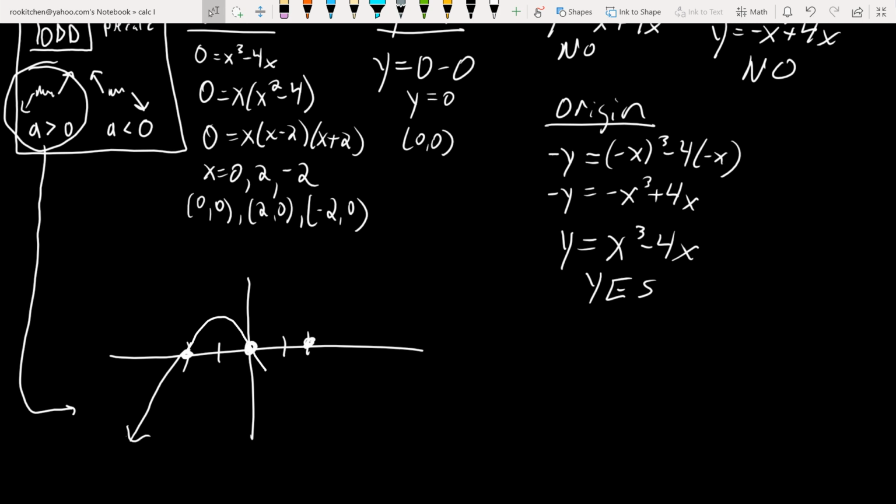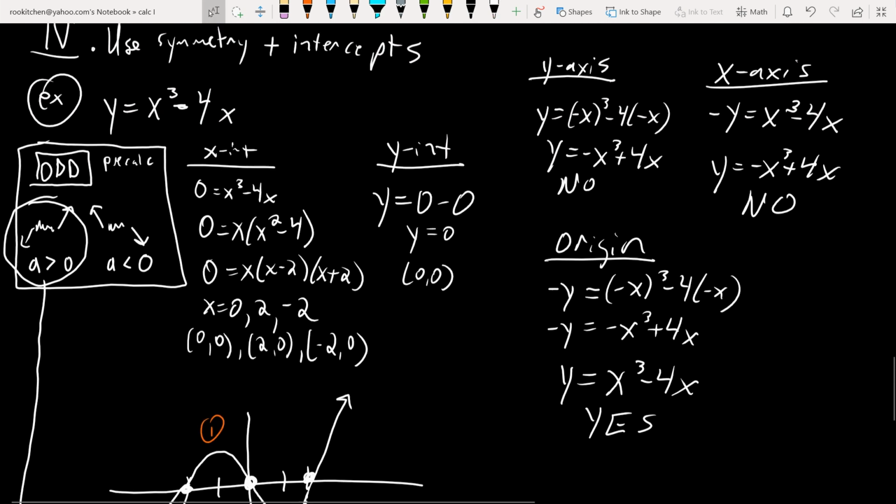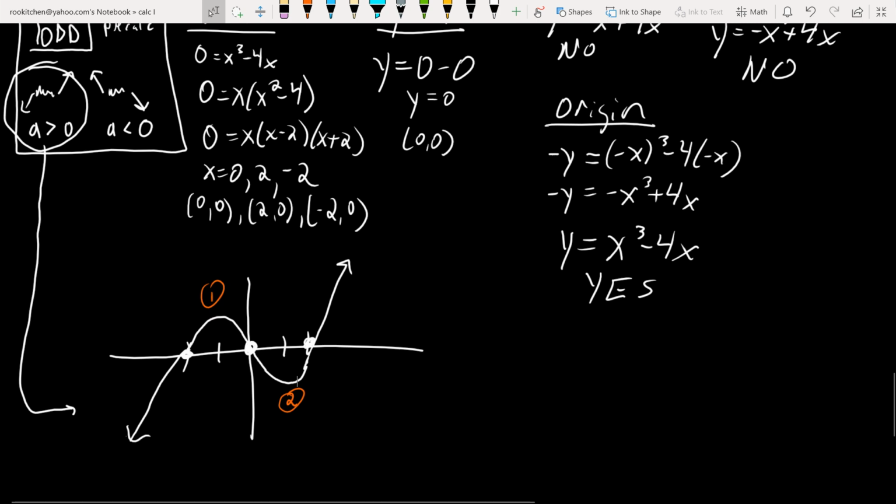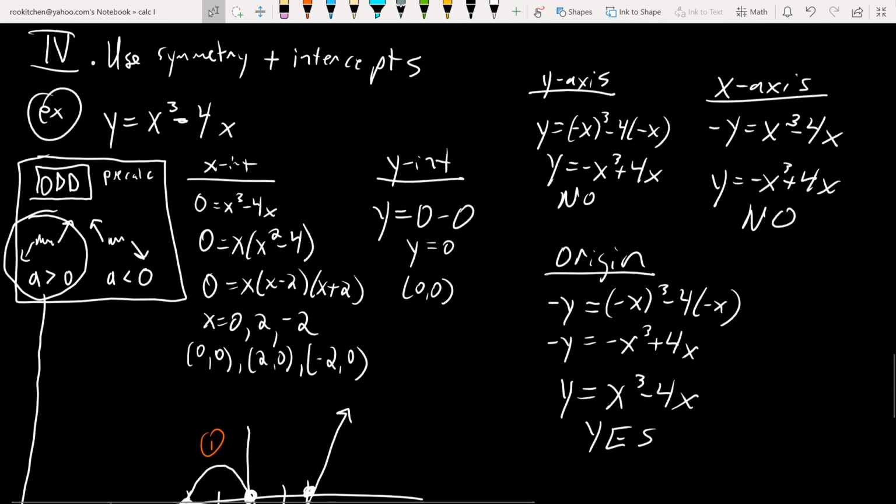And then it's origin symmetry, so let's call this hump 1 and hump 2. They're going to be the same shape, except one's upside down. And then it's just going to come out and go back up. So you can get a pretty good picture just by figuring out the x-intercept, y-intercept, and its symmetry.